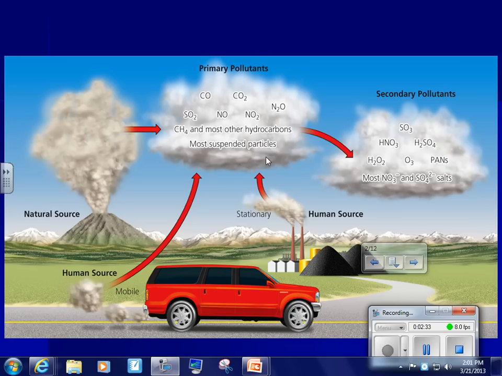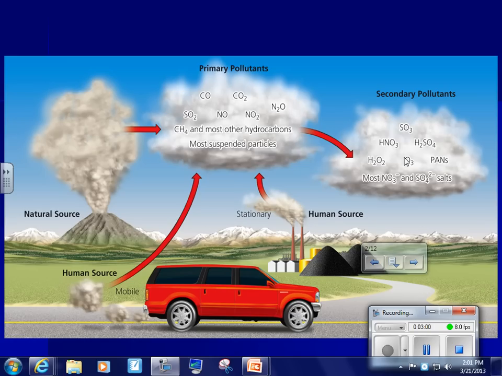For example, you can have a primary pollutant like sulfur dioxide, and when that reacts with water vapor, this is a precursor to acid rain, it will form a secondary pollutant like sulfuric acid, right?